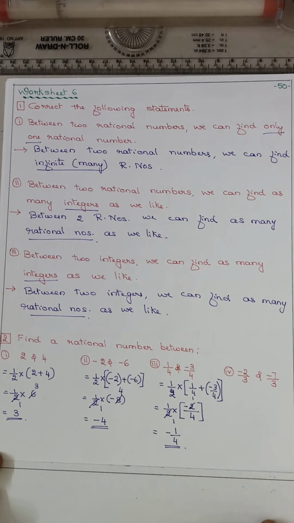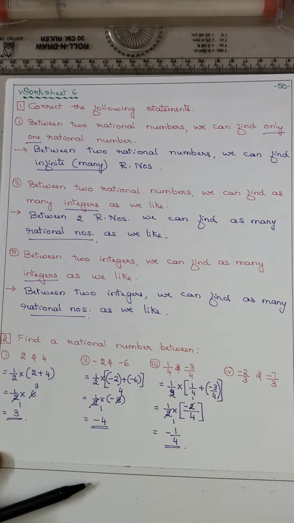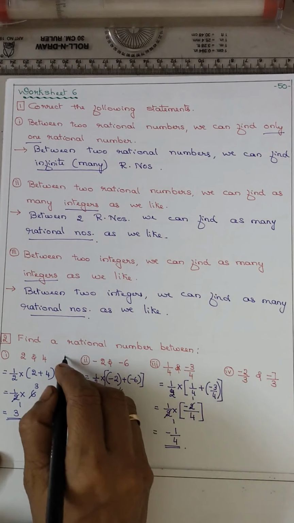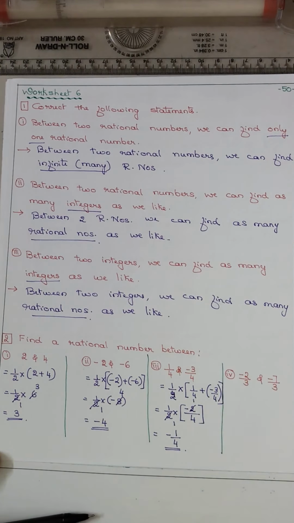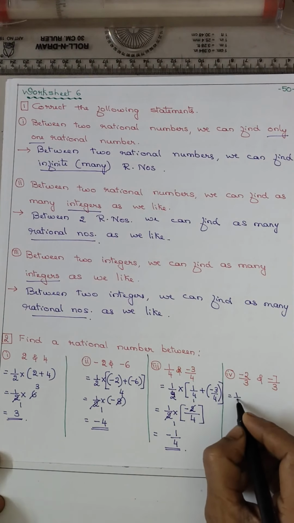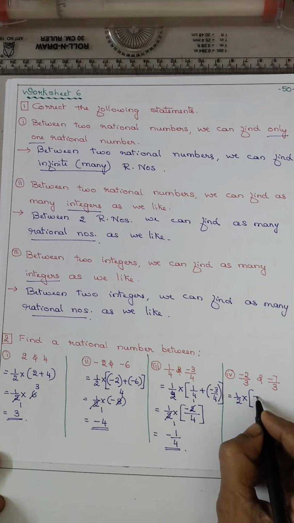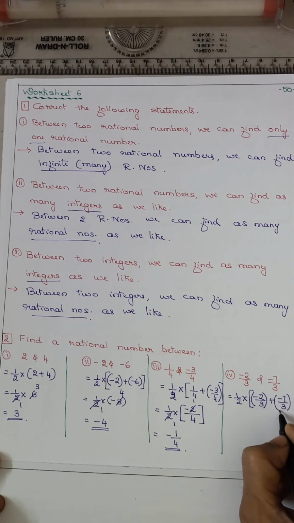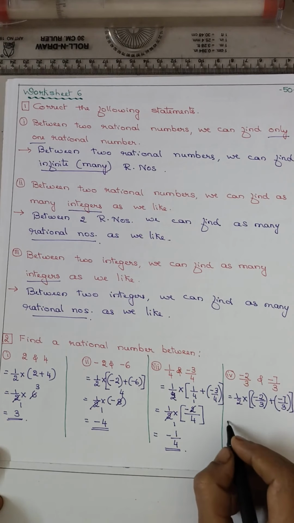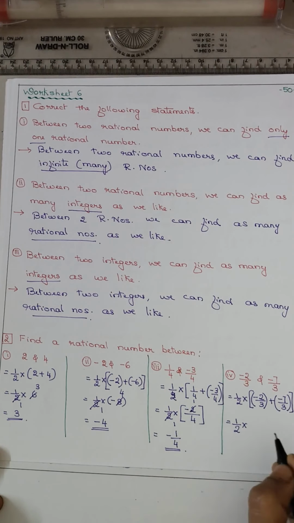Okay. Now coming to the fourth one. So it is half into minus 2 by 3 plus minus 7 by 3. Half as it is into, now denominator is same.